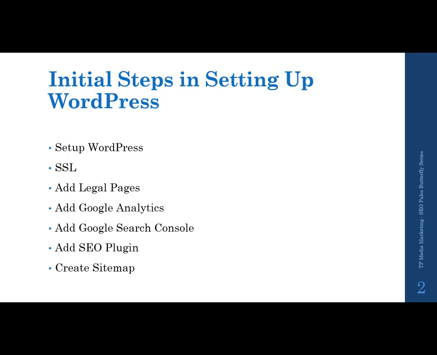We'll also talk about adding legal pages, and then we'll go through Google Analytics and Google Search Console. Those two are very important when you're setting up sites, and I prefer doing some of this stuff in the beginning, and I'll explain why I want to have these things set up right when I'm starting a website. And then we'll also talk about SEO.